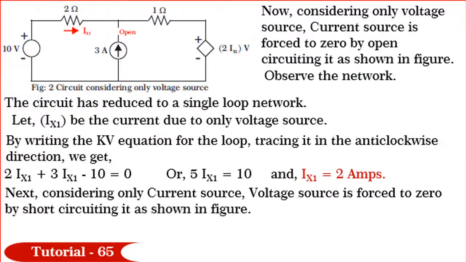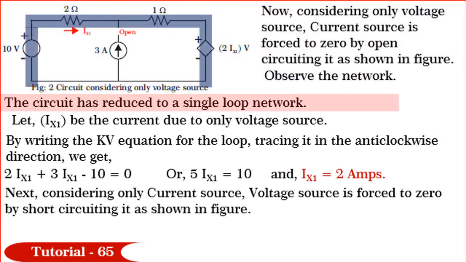Friends, now considering only voltage source, current source is forced to zero by open circuiting it as shown in figure. Observe the network. The circuit has reduced to a single loop network. Note that.